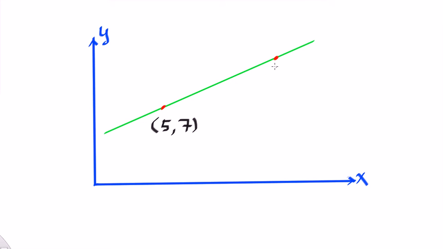And the next point is further along x and higher along the y-axis. Let's say this is 10 units in x, so 5 units further than the first point along x, and along y let's say we've got 12.